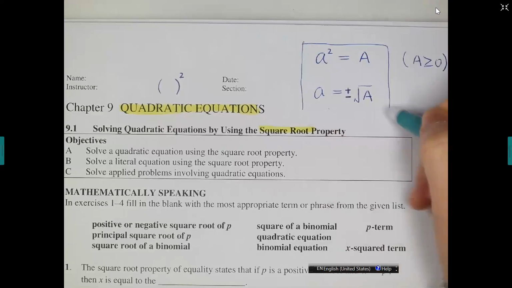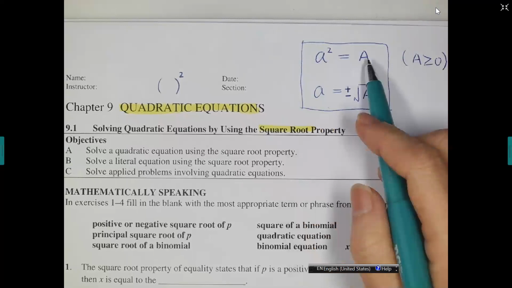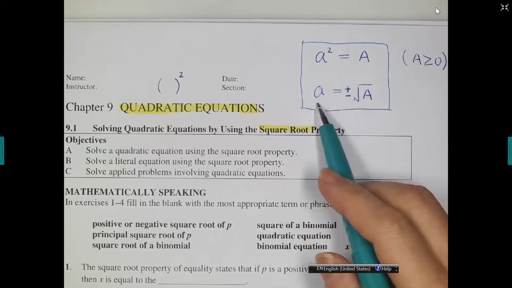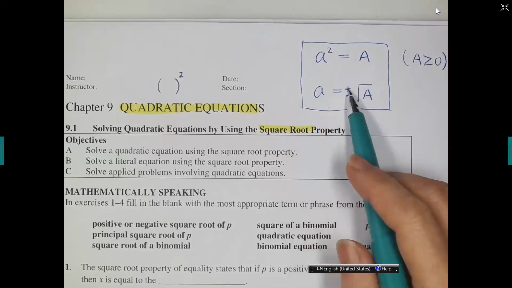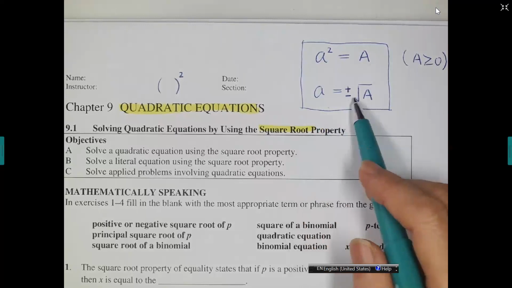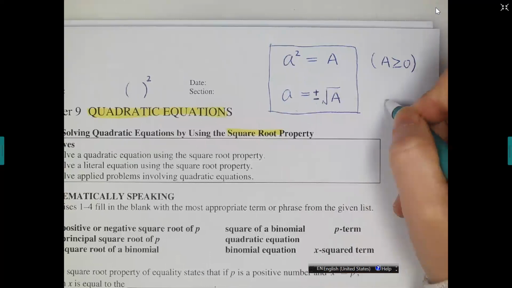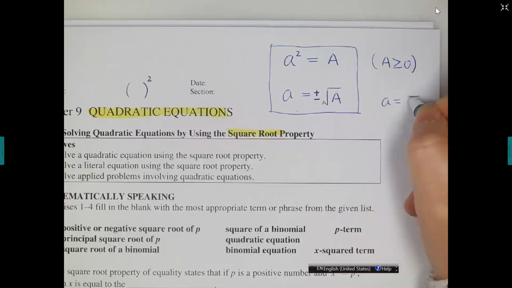When we see something squared equals another number, then the base is always equal to either one. So there will be two roots here, the positive or negative square root of A. What we did before, we simplified the radical expression when we only kept the positive square root.